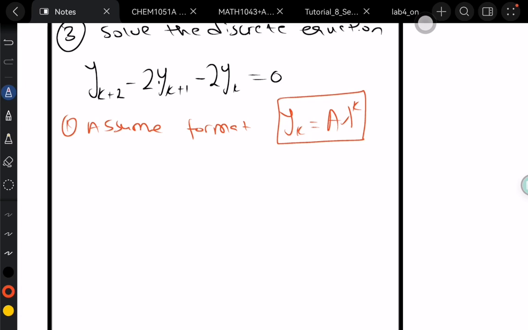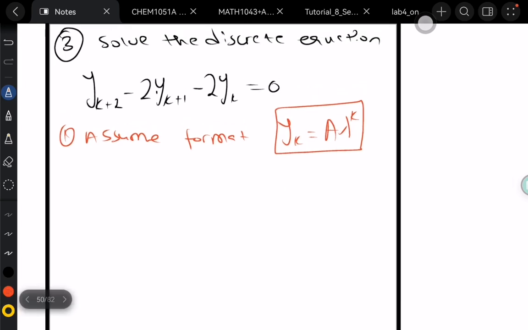Now let's see how this equation is working. This is our function, and this is our coefficient and value. This is lambda. Our first step is to solve for lambda, then the second step is to solve for our coefficient. Now this one, k, is the index.